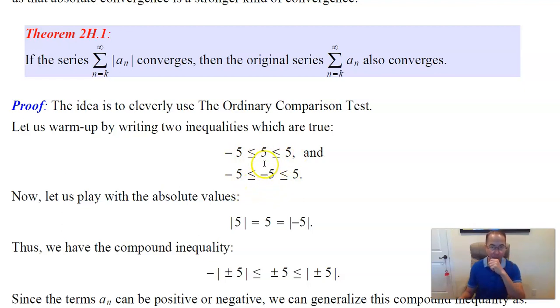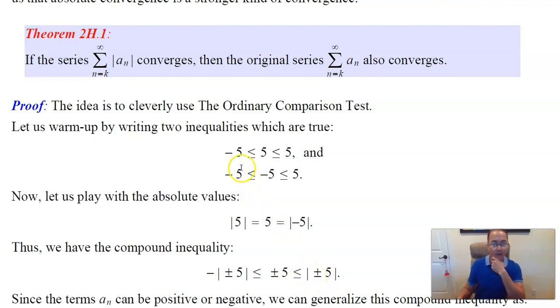In the middle, we have either 5 or -5, so we'll put plus or minus 5 in the middle. On the right we always have 5. But if we had -5 over here, we want to turn it into +5. The simplest way to do that is to take the absolute value.